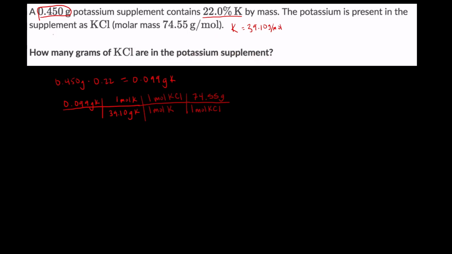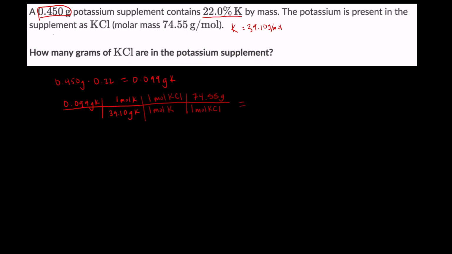And then the next step is converting the moles of potassium to moles of potassium chloride, and that would be this step right here. And then finally, the last step, step 3, is converting the moles of potassium chloride to grams of potassium chloride. So again, I just put it all in one math problem instead of having it in 3 different steps like we've been doing, but it's the same exact thing.